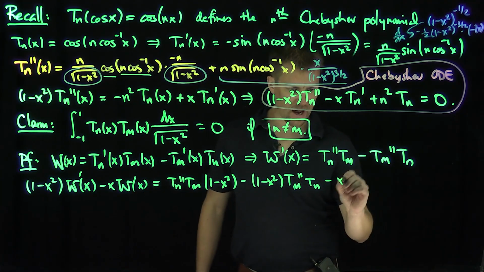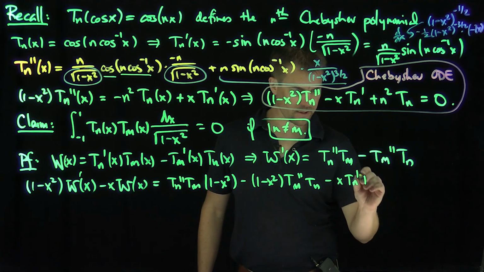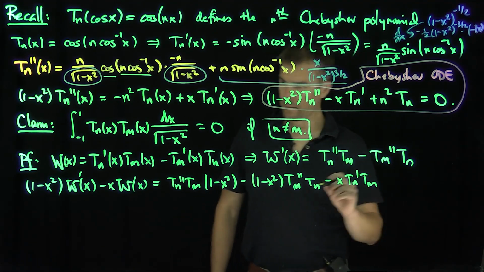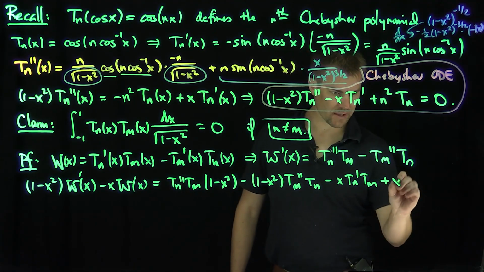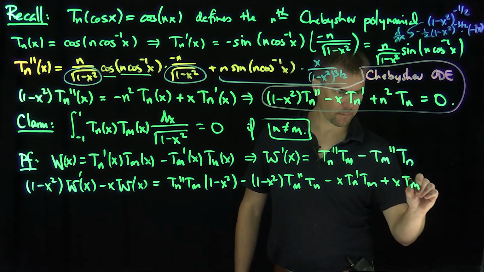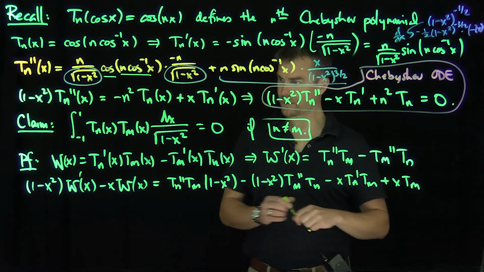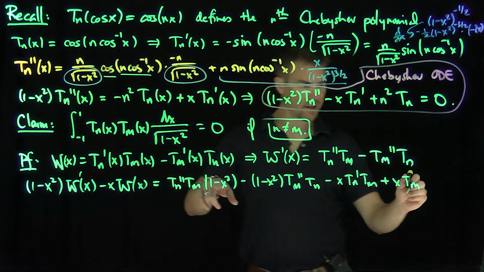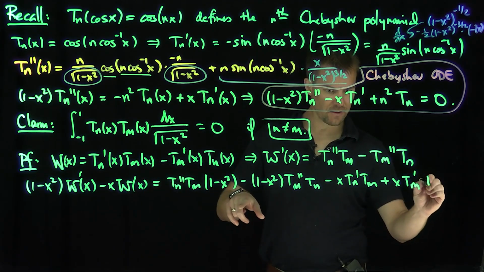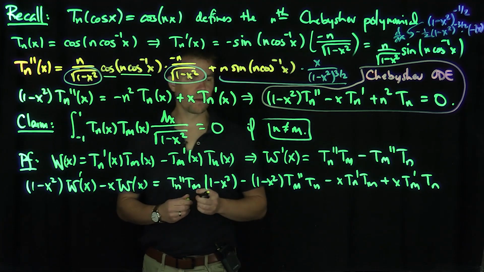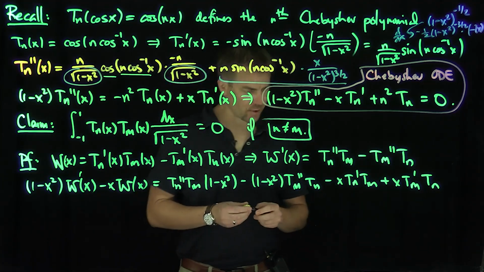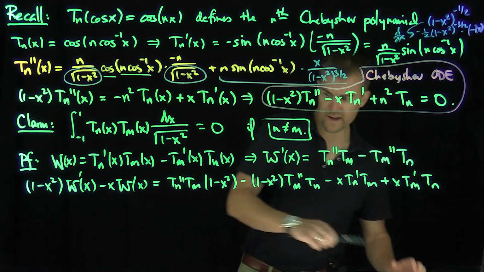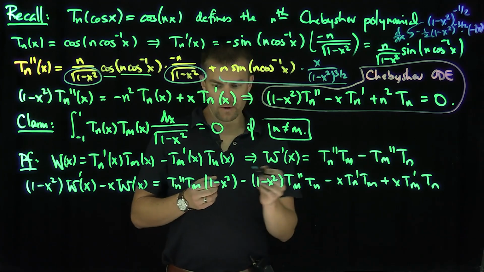Then I'm going to have a minus x tn prime tm, and then a plus x tm prime tn, like so, okay? Excellent. And so now what's the idea? If we look carefully at this, look at this term over here.